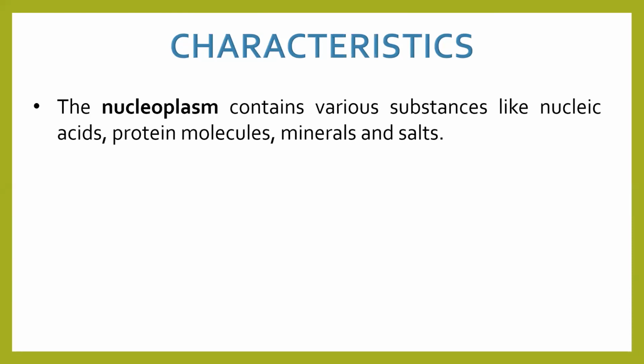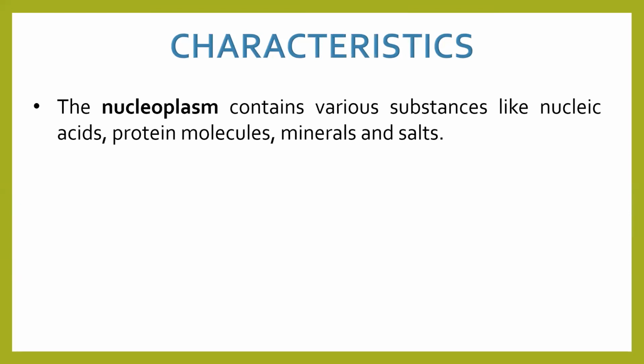Now let's understand what all things are present in nucleoplasm. So nucleoplasm will contain various substances like nucleic acid. What is nucleic acid? I had just mentioned. DNA is one type of nucleic acid. We also have one more type of nucleic acid called as RNA, which is ribose nucleic acid.